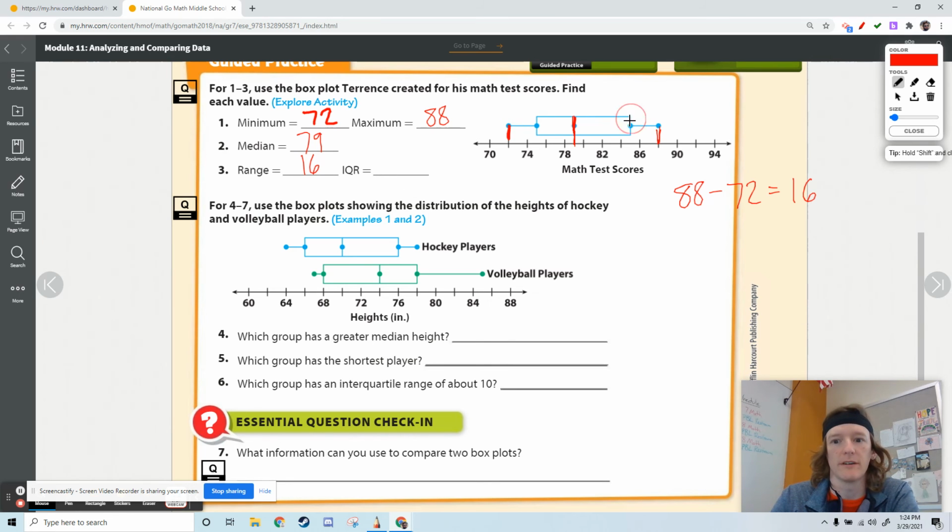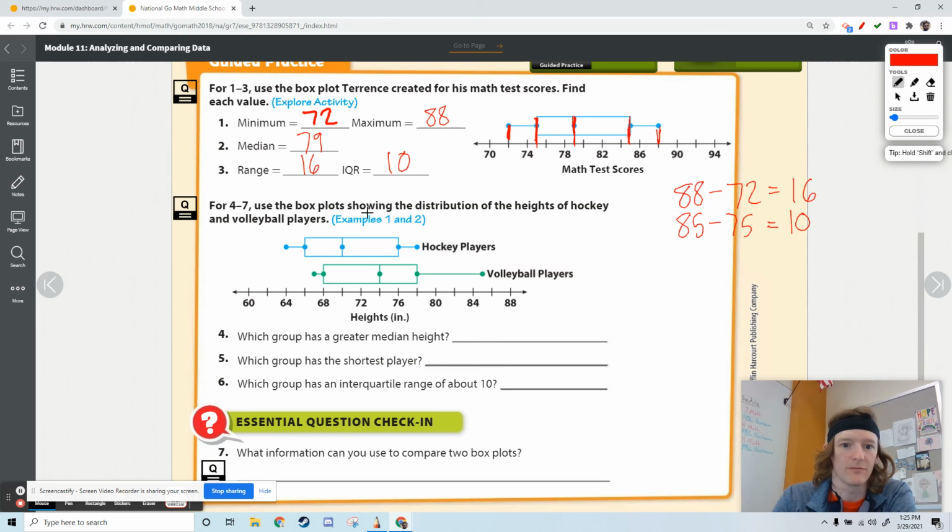The interquartile range, so half of his data is going to be inside this box, which is at 82, 84, so 85 is the right side of the box, minus 75 is the left side of our box. So the interquartile range is 10. So half of his math tests are within 10 points of each other. All of his math tests are within 16 points of each other. He usually gets about a 79%, but it might be bigger, might be less.